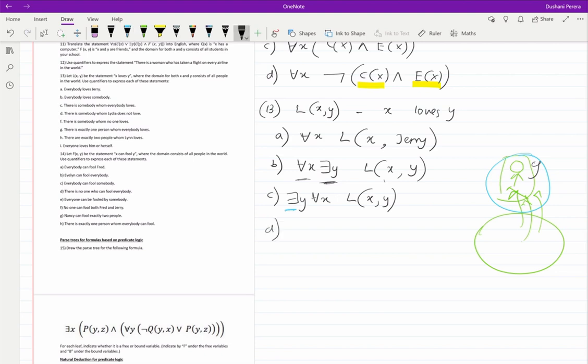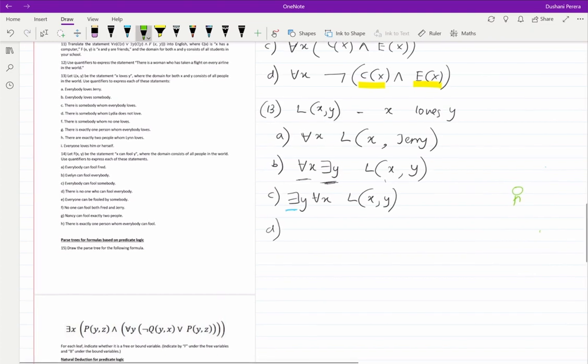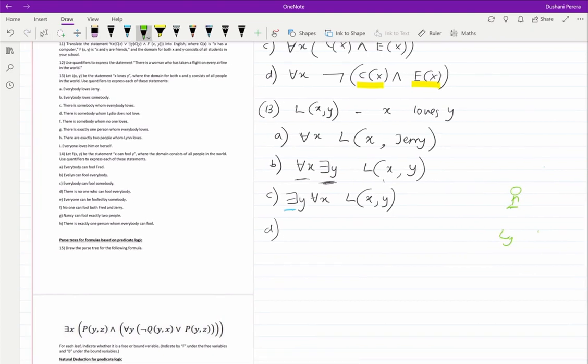Alright, part D. There's somebody whom Lydia does not love. So here, what happens is there's this particular person whom Lydia doesn't love. Here also we're talking about just one person, not everyone. So what we have here is we have one person and we have Lydia. Lydia doesn't love this person. So here also we have to take some in front.